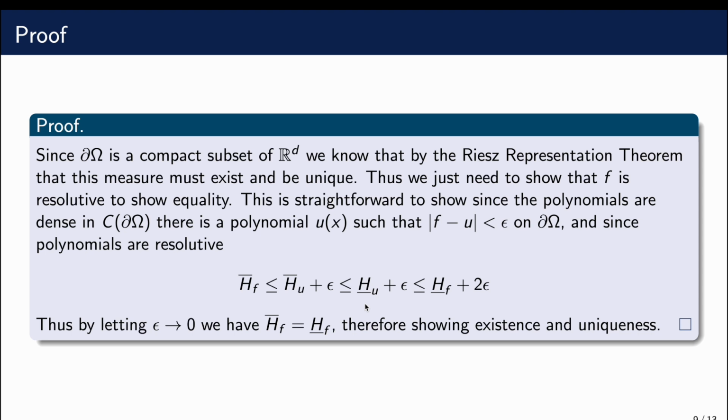But then because of how close it is, it's that plus 2 epsilon. And then sending epsilon to 0, we get that they're the same. Therefore, it's unique and exists.